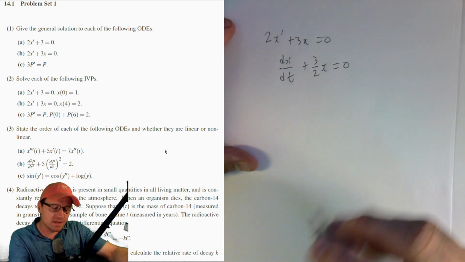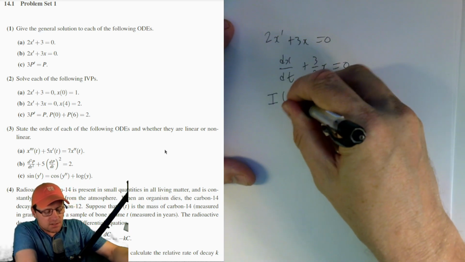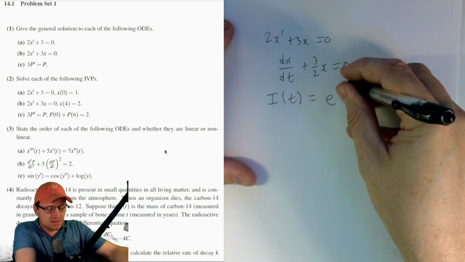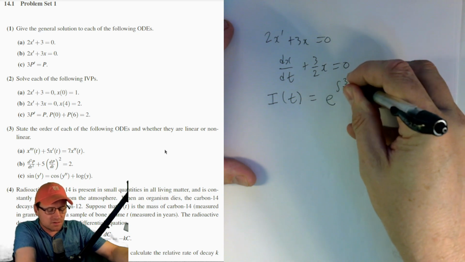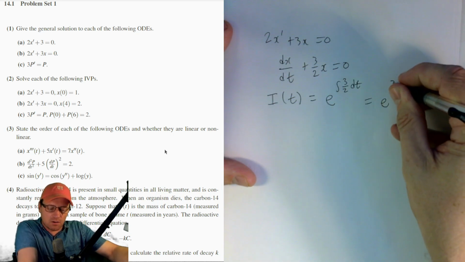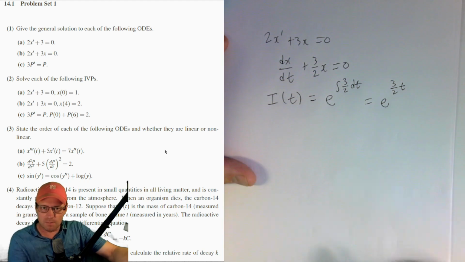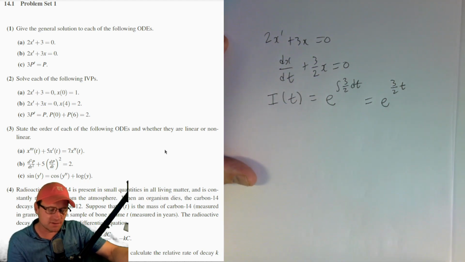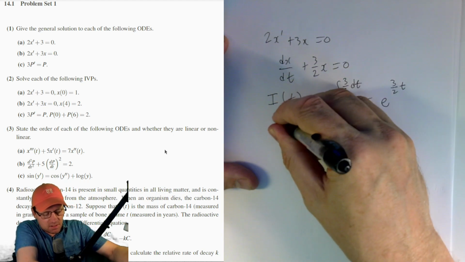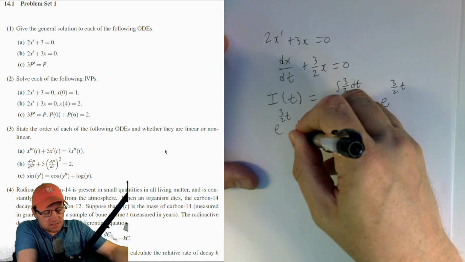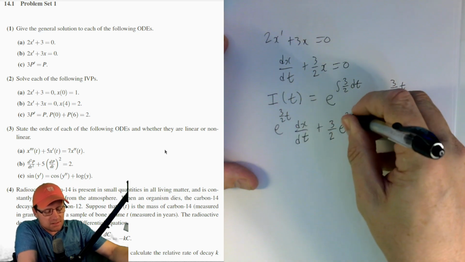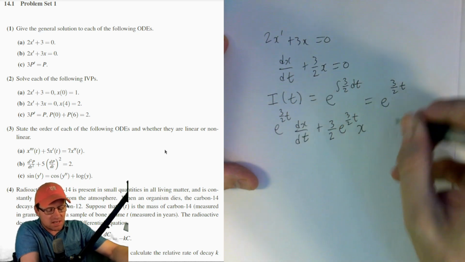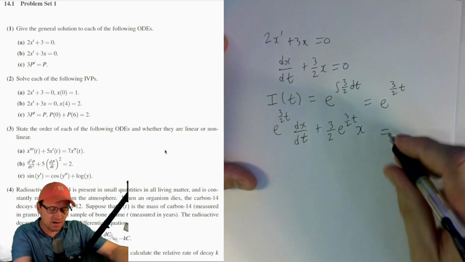So we multiply by the integrating factor, a function of t: e to the power of the integral of 3/2 dt, which is e^(3/2 t). Multiplying by this integrating factor, we have e^(3/2 t) dx/dt + 3/2 e^(3/2 t) x = 0 times this integrating factor, which is 0.